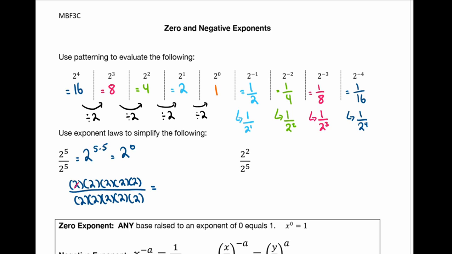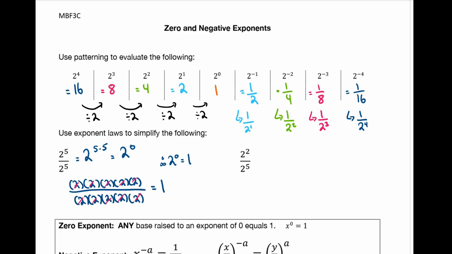Because I have an even number of 2's on the top and the bottom, they all cancel each other out. And when they all cancel each other out, or basically when I have a whole, that's equal to 1. So we know that looking at this expanded form that it equals 1, so that means, therefore, 2 to the power of 0 equals 1. And from our patterning above, we also found that out as well.